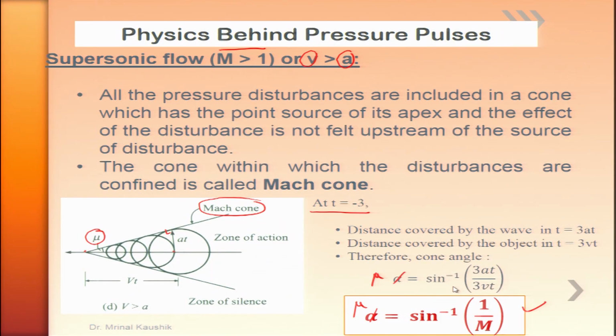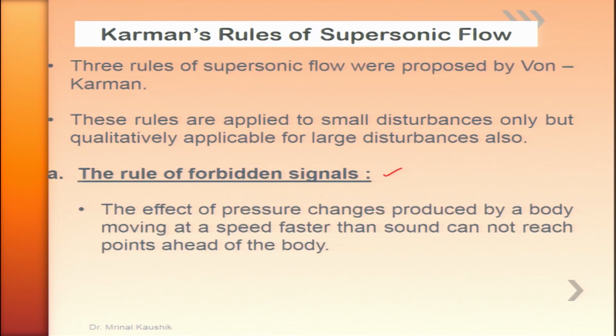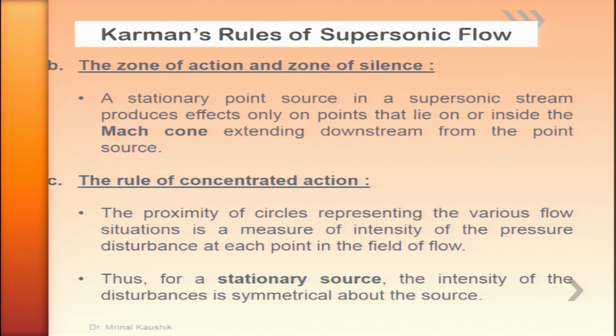And that is why we have the zone of action and zone of silence. Inside the Mach cone is the zone of action, where all the information produced will be localized, whereas outside becomes the zone of silence, where no information about the movement of this source or object is passed in the flow field. The second rule which von Karman proposed is the zone of action and zone of silence.